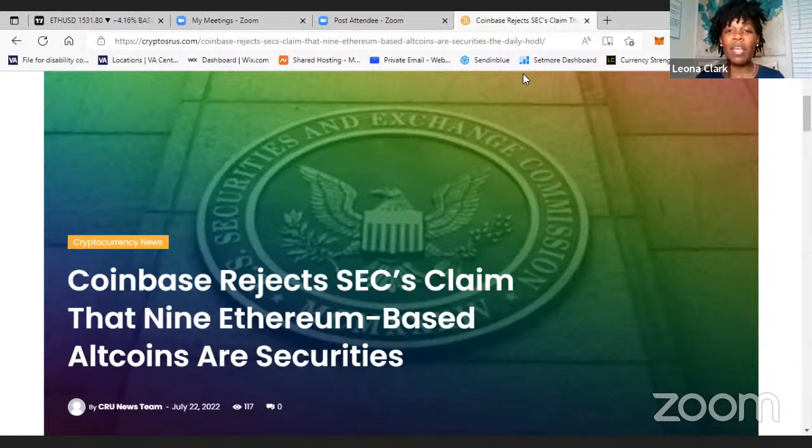If that were to happen, everybody probably knows about what's going on with XRP at the moment and how Coinbase and a lot of platforms removed XRP from their platform because of the SEC case. So that way they didn't get caught up in all of that nonsense. But now here we are again. The SEC is still coming after the cryptocurrency market.